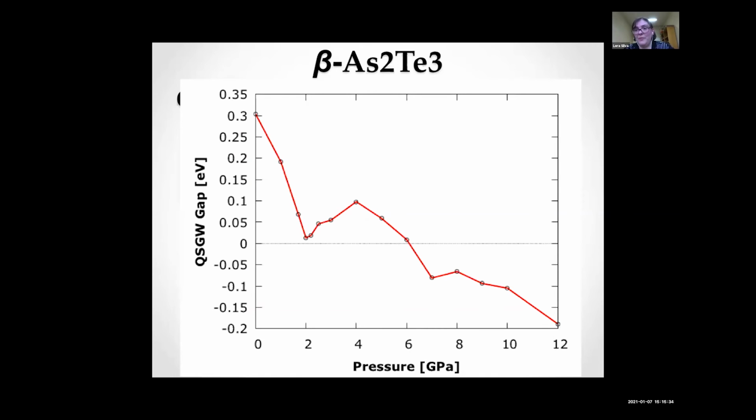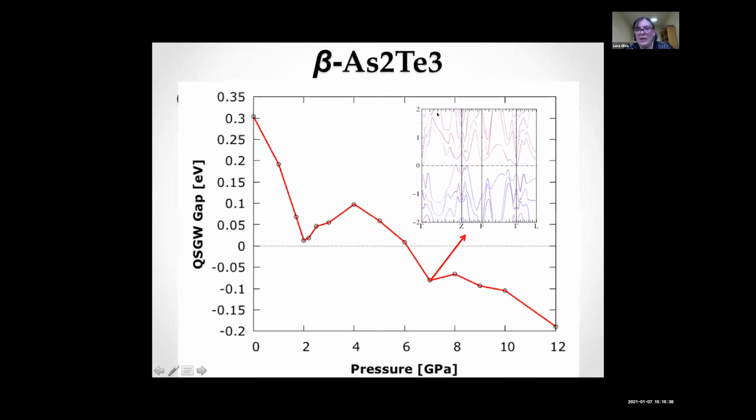This is an example of a 7 gigapascal system, where the valence band is at a higher energy than the bottom of the conduction band. We represent these as a negative band gap because it has changed position with reference to the Fermi level.